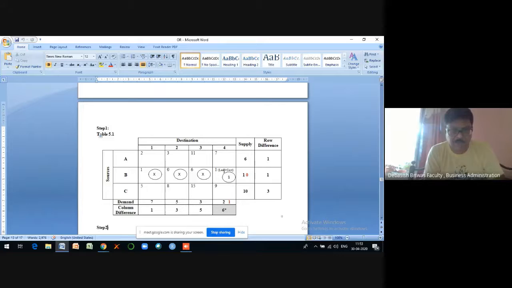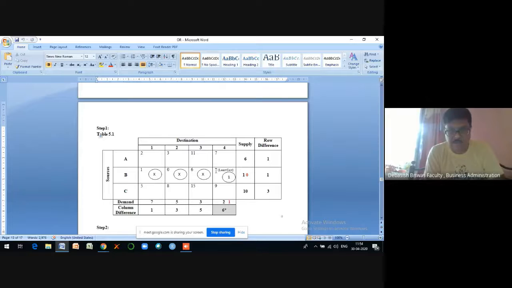The corresponding column is this, corresponding to 6: 7, 1, 9. Then we have to search which one is the lowest element. So 1 is the lowest element, right?